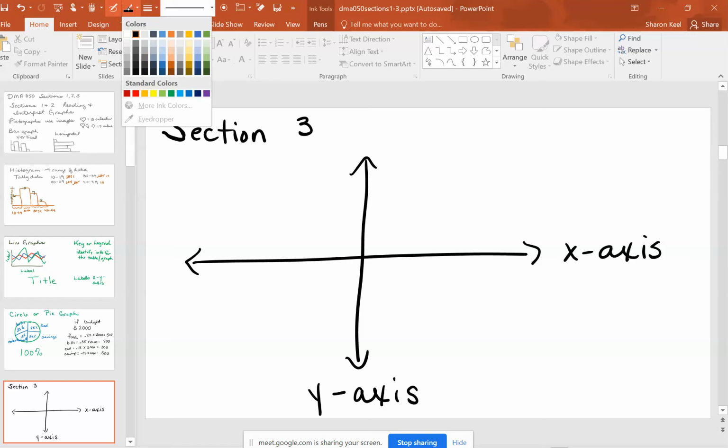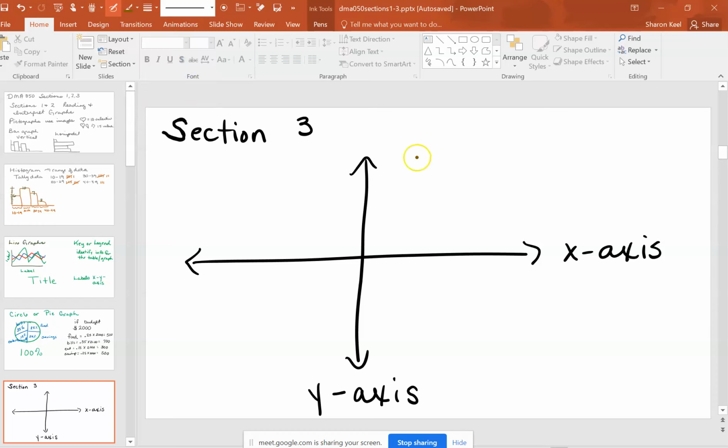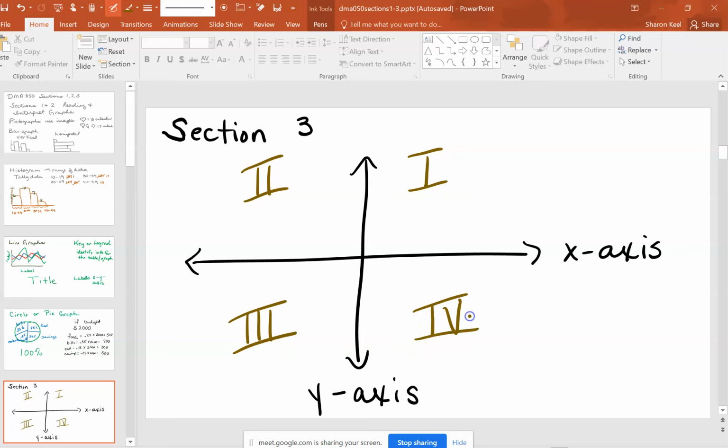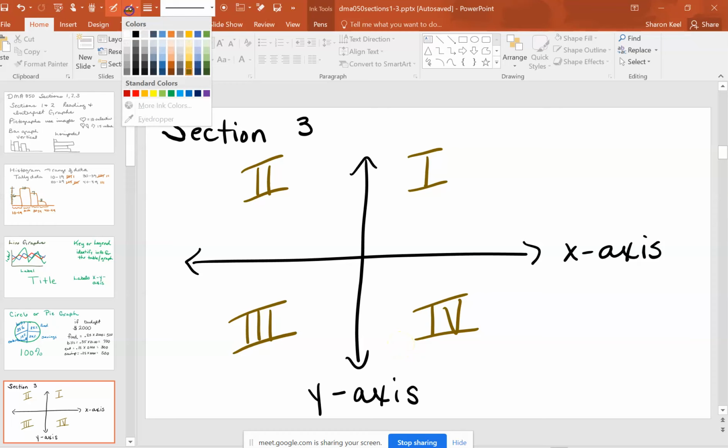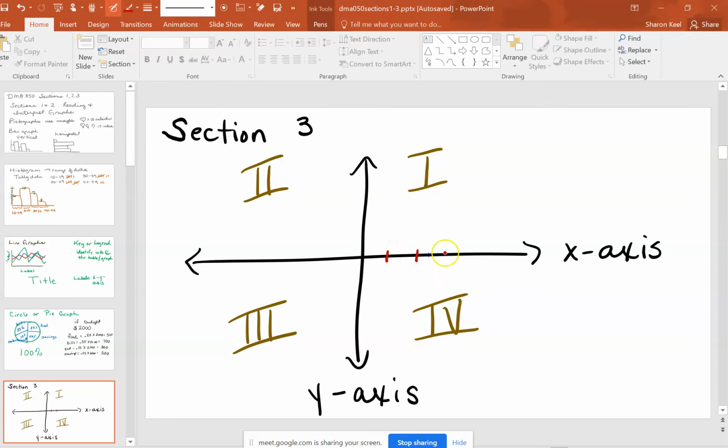Our rectangular coordinate system is divided into 4 parts. We have quadrant number 1, we have quadrant number 2, we have quadrant number 3, and we have quadrant number 4. It would be like the letter C. It would be counterclockwise. When we look at values on this system, as you go to the right, your numbers are going to increase and they are positive.